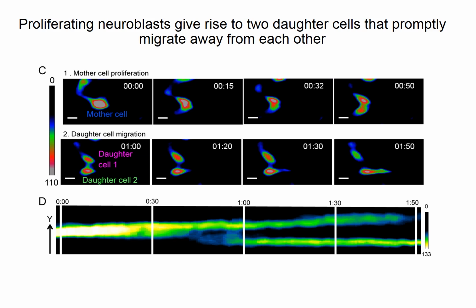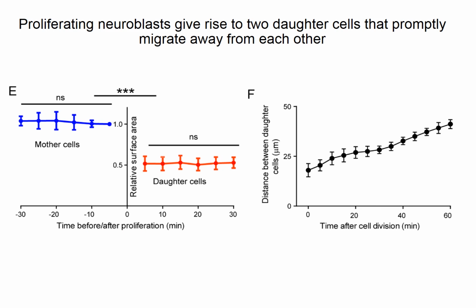So you can see this one big mother cell goes through cytokinesis and becomes two daughter cells, and these two daughter cells move away from each other. And this chemograph also shows the fluorescence split along the time. And here is just the quantification for relative cell surface area and the distance between two daughter cells along different time points.